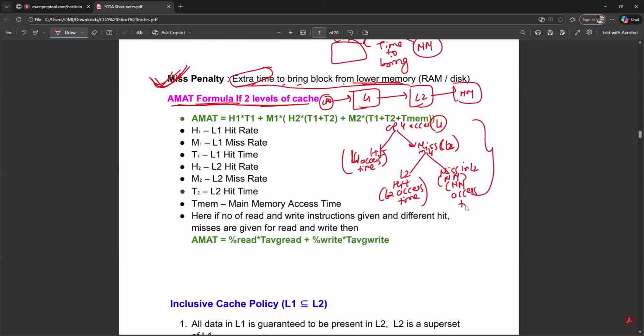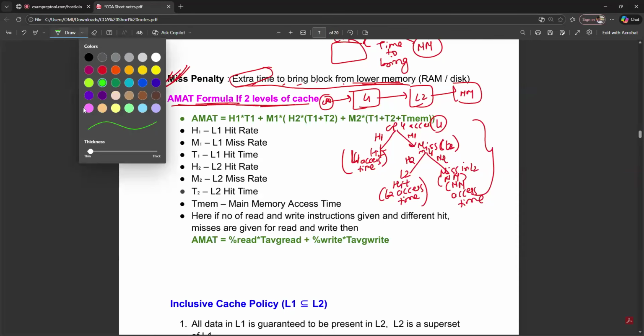So what is the average memory access time for it? Let's say this is H1, the hit rate of L1, this is M1, the miss rate of L1, and this is the hit rate of L2 and the miss rate of L2. Hit rate and miss rate I have written, nothing else.